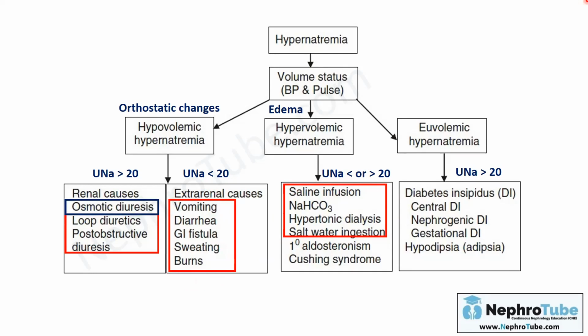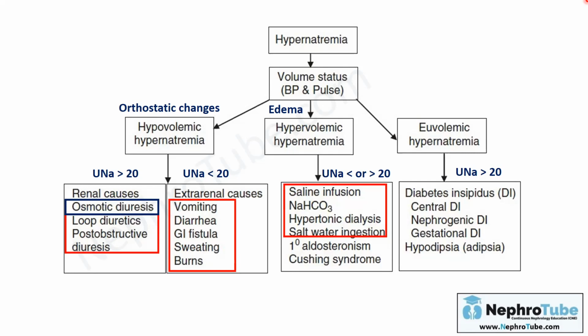Osmotic diuresis, usually if the osmotic diuresis is due to mannitol infusion or whatever, the history will be clear. If it is due to hyperglycemia, this will appear in the investigations. But actually, it may be due to a hidden osmotic or hypertonic substance that the patient is taking in his diet.